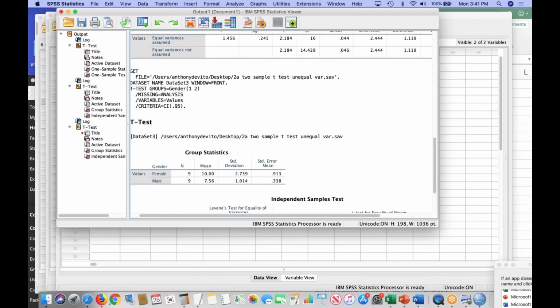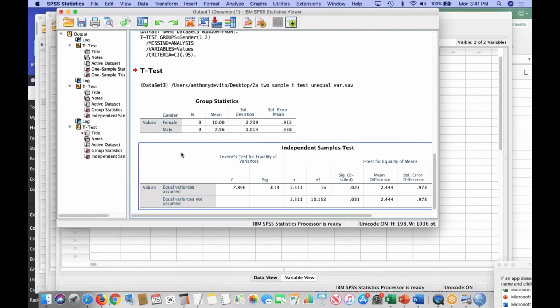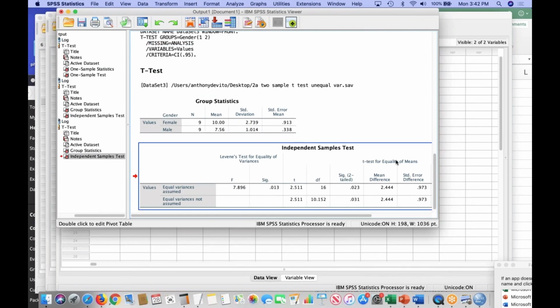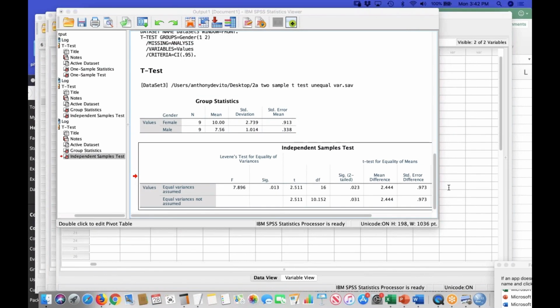Notice the output window just keeps adding to the bottom so that we can save all of our results. Okay, and in this case, first of all, let's decide whether we want to assume unequal variances. If we looked at the standard deviations, we would say I probably want to assume unequal variances.